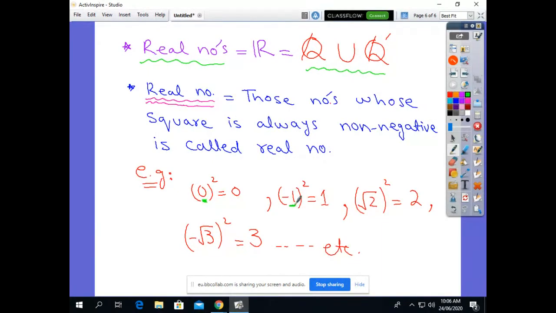We take the square of -1 and the answer is non-negative, so -1 is also a real number. We take the square of square root 2 and have a non-negative answer, so square root 2 is also a real number. Similarly, the square of -3 is also non-negative. Non-negative number means it doesn't contain a negative sign. Therefore, all these numbers are real numbers. These are a few examples we write.